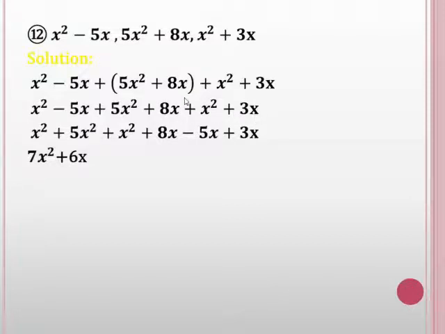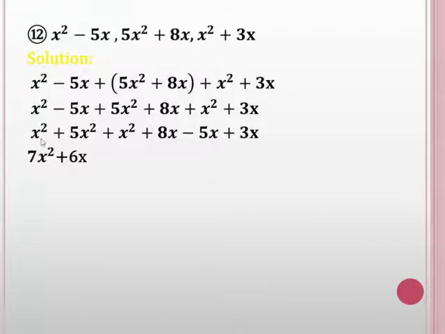Now we separate the like terms having x square, x square plus 5x square plus x square. All the 3 expressions carry like terms of x square, so we separate them, and all the 3 expressions carry like terms having the variable x. So here we write 8x minus 5x plus 3x. Now the coefficients of the like terms must be added.